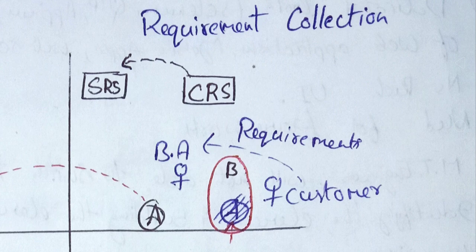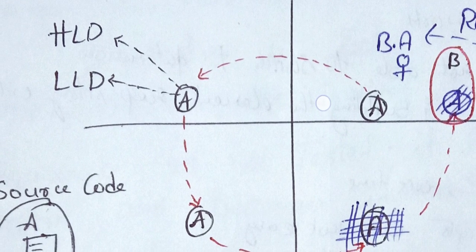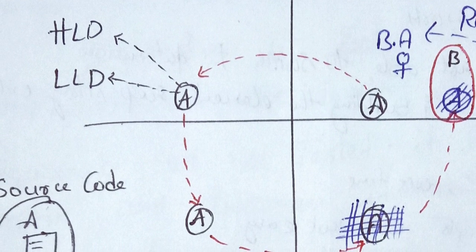Now the SRS of module A will be given to the design team. Here the architect engineer will develop a high level design for that SRS of module A. After that, the low level design will be developed by the senior engineer. HLD means high level design, LLD means low level design.